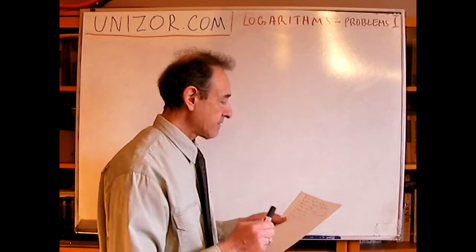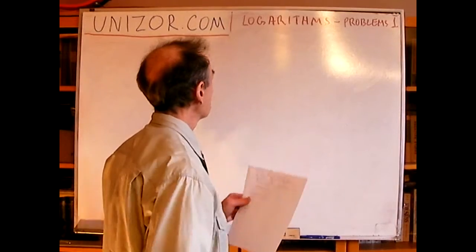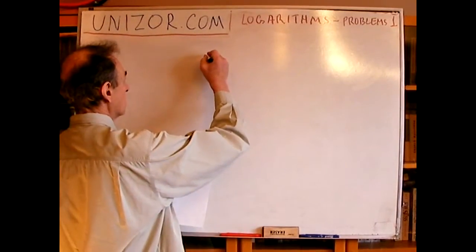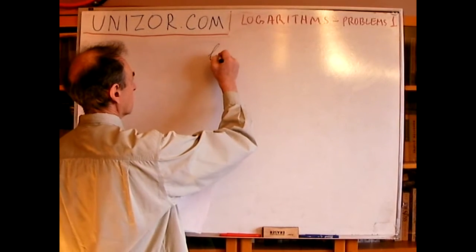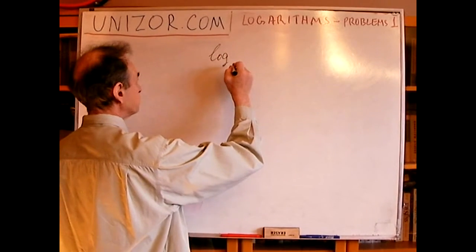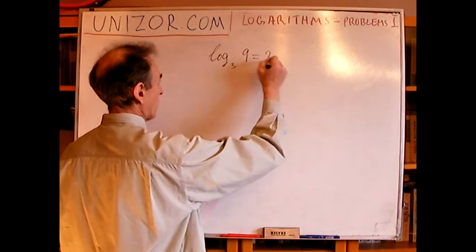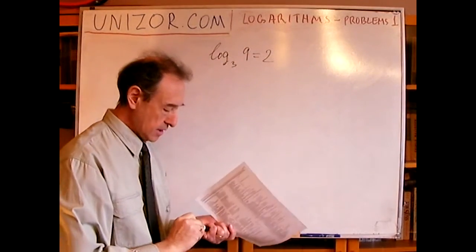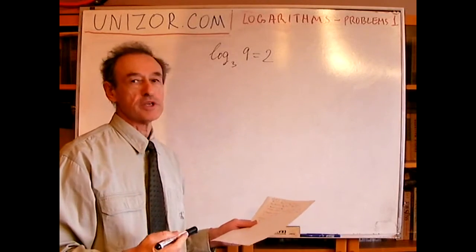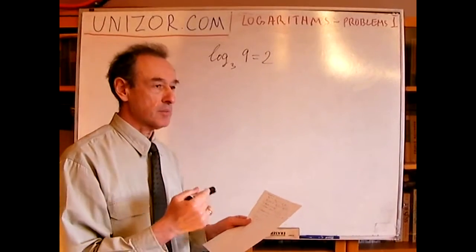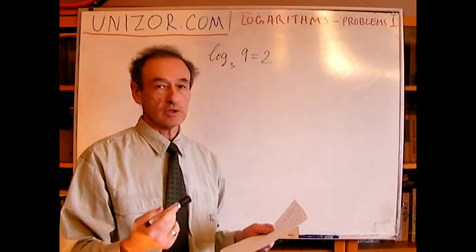Okay, I have a set of problems which are formulated as follows. Given the following equality, what's necessary is to rewrite this equality in exponential form. So we have to think about what logarithm actually means.